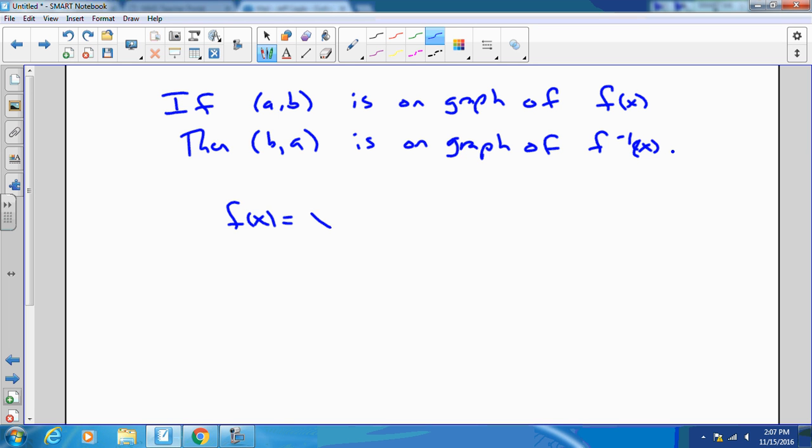So let's go back to our function f of x is equal to x cubed plus x plus 1. And I want to observe that f of 1 is equal to 3. Can all of you compute that in your head? As soon as I compute that, then I can immediately write the matching pair equation. f inverse of 3 is equal to 1.